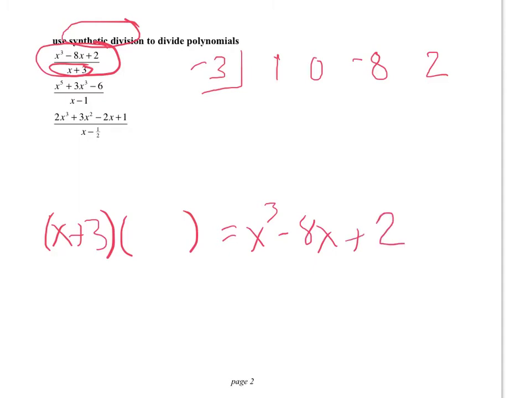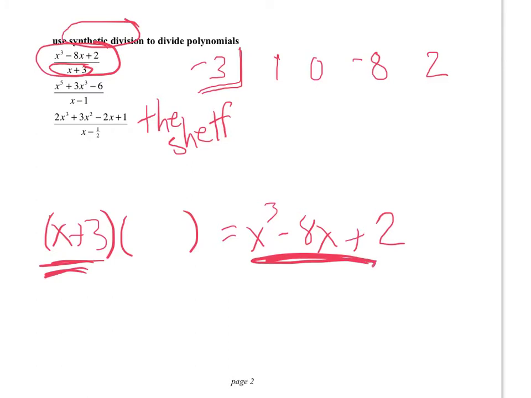I'm not saying that there is, I'm just saying that if there is, then negative 3 is a 0, and x plus 3 is a factor of this polynomial. So when you use negative 3 here on what I call the shelf, you're checking to see if negative 3 is a 0, because if x plus 3 is a factor of this polynomial, then negative 3 is a 0 of this polynomial as well.